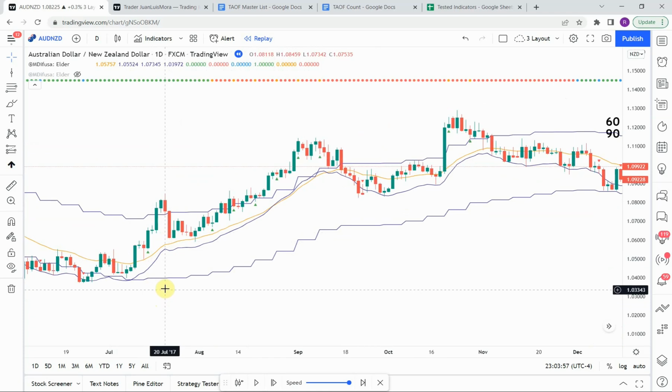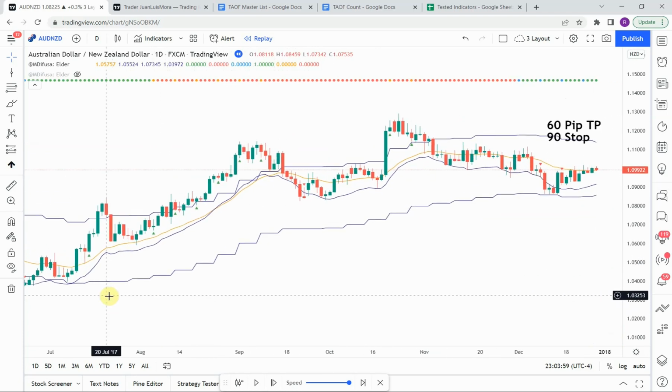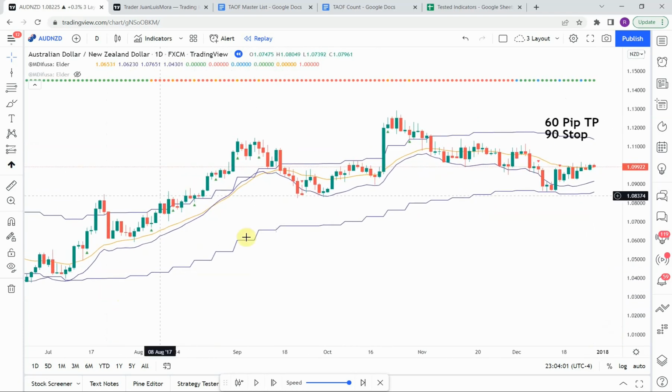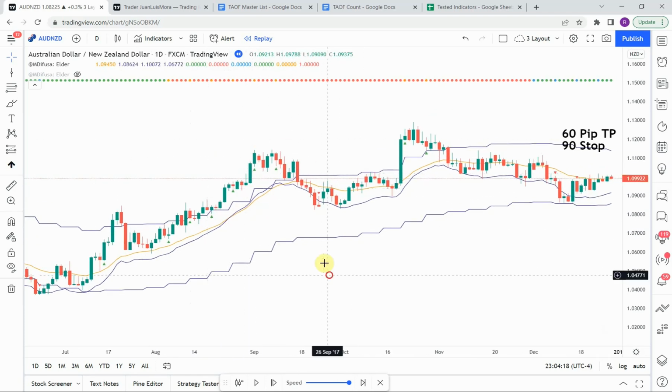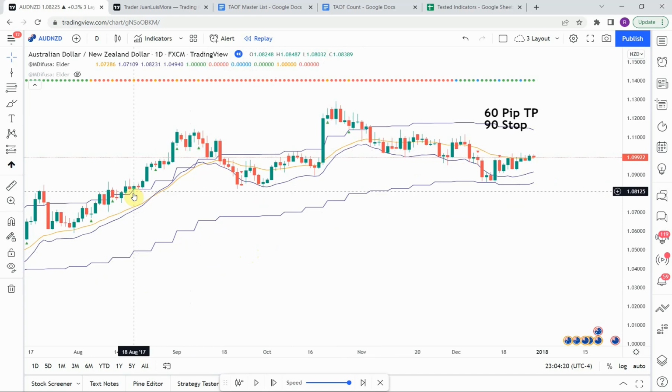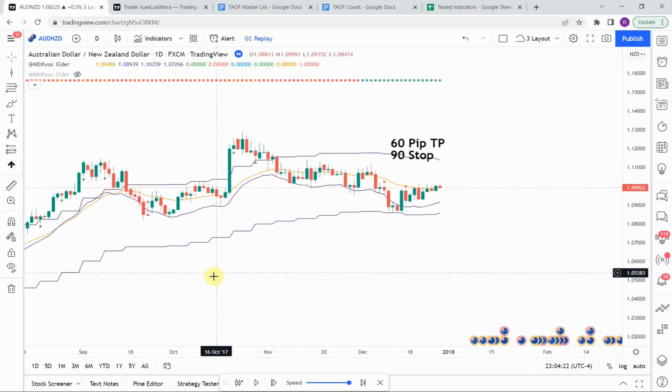And then to add a little bit more to it, if price action is above this upper stepped purple line here, so this upper ATR, then we will not take a trade. If price action is above this, that means that we're starting to get overextended, and we're going to ignore the green arrows.